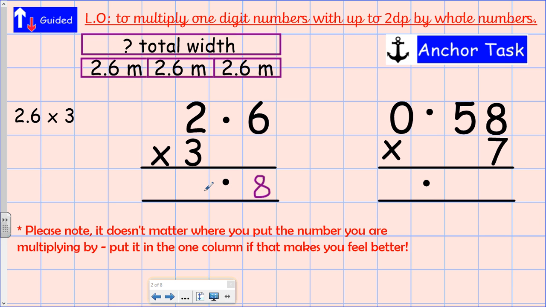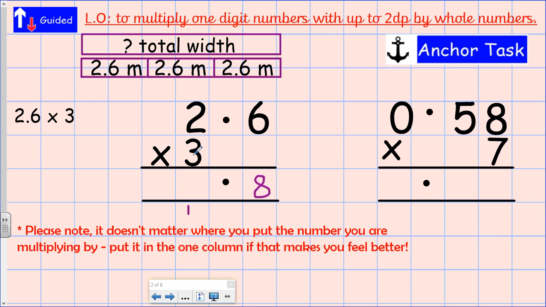I'm not putting anything near the decimal point. I am exchanging 10 tenths for 1 one. I can't put an 18 here.